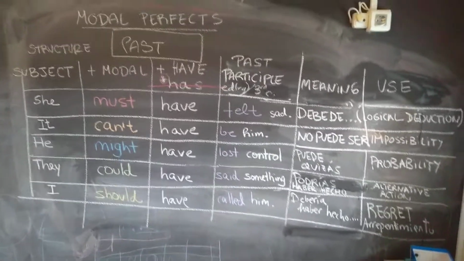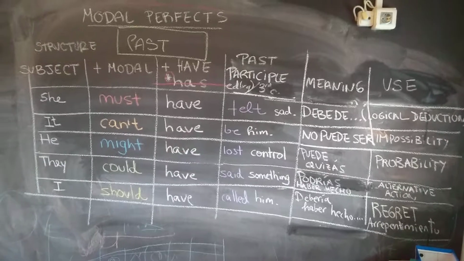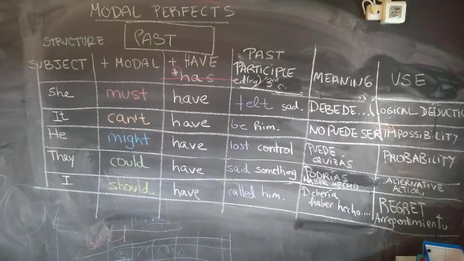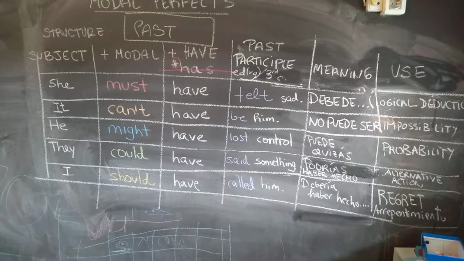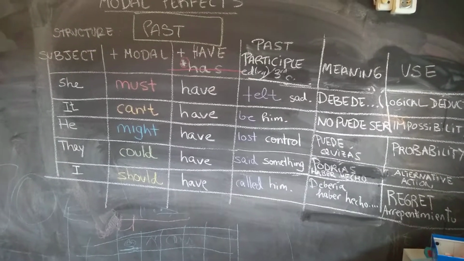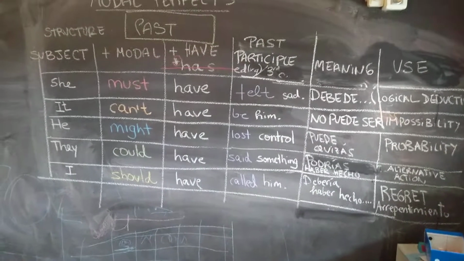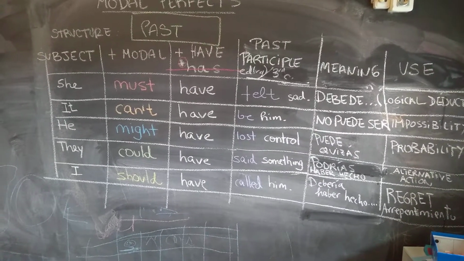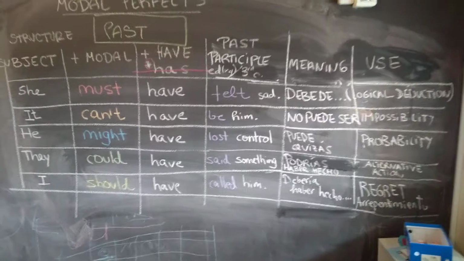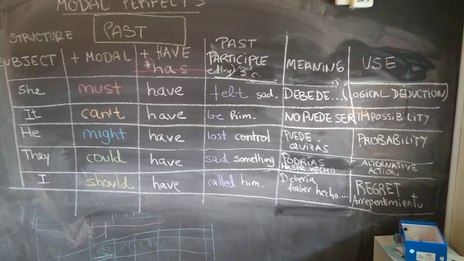Then the perfect, the have. And be careful because you never use has in the third person. This is not the present perfect, this is the modal perfect. So we always use have for he, for she, for I. Then we add the past participle of the verb that we are going to use.